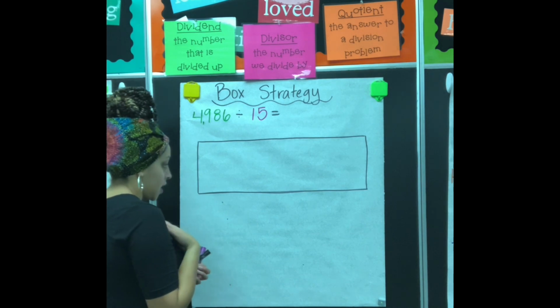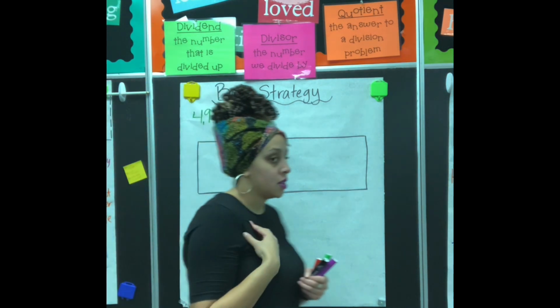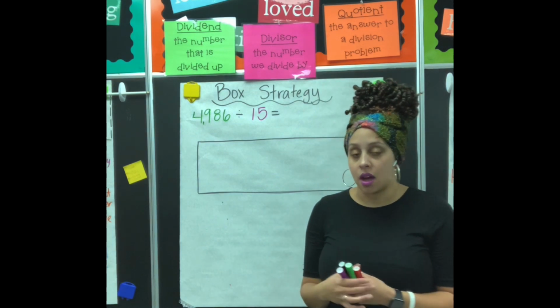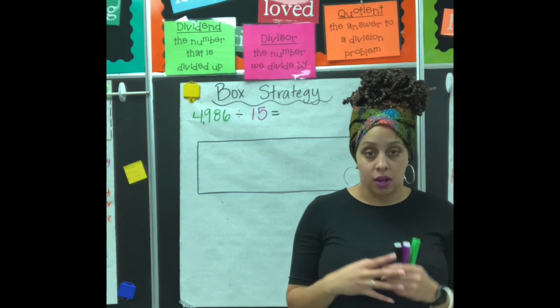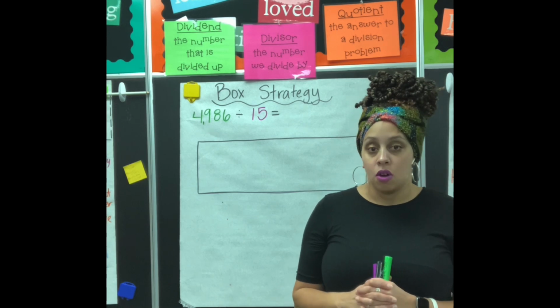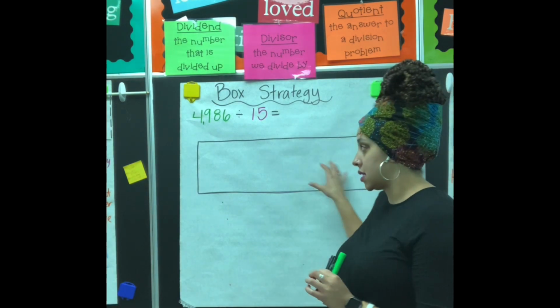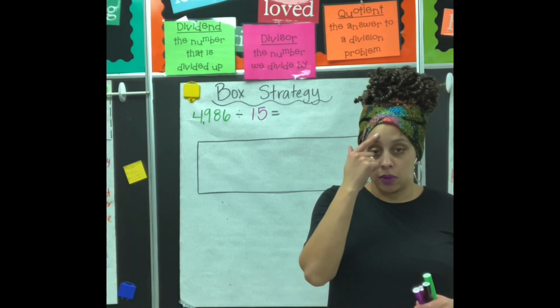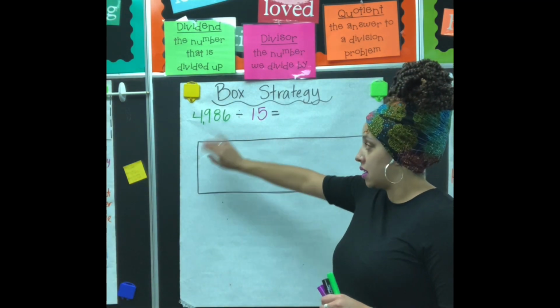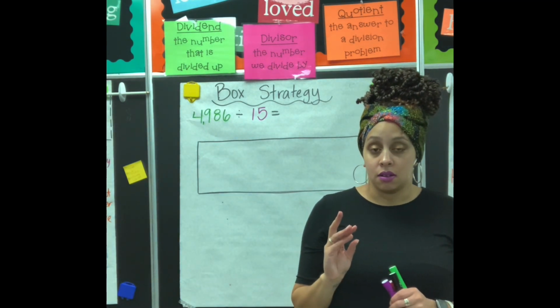The first thing we are going to do is, just like we thought about with our area model and how many boxes there are going to be, we do something similar with this, except we don't multiply the two together because we would get too many boxes. But what we look at is our dividend, the number that's being divided, okay?